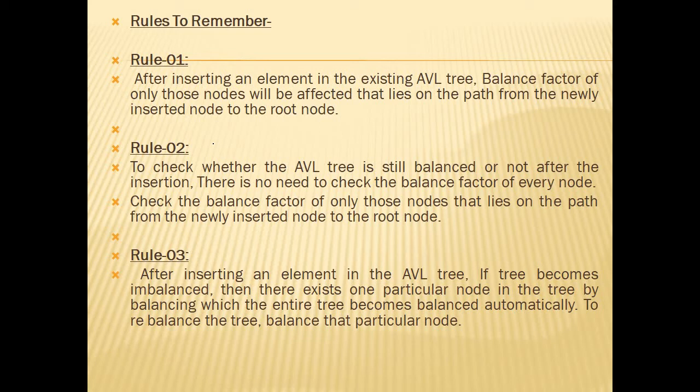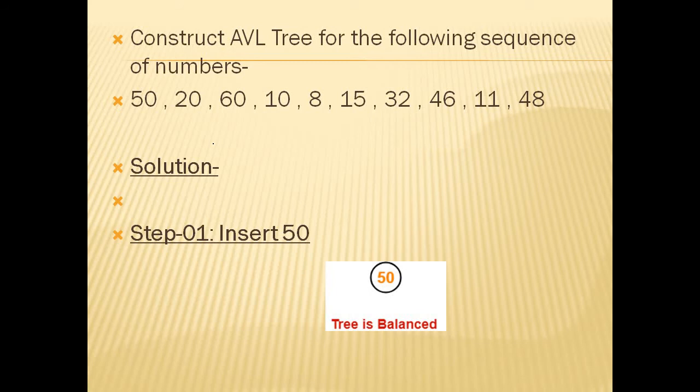Check only those nodes that lie on the path from the newly inserted node to the root node. After inserting an element, if the tree becomes imbalanced, then there exists one particular node in the tree by balancing which the entire tree becomes balanced automatically. To rebalance the tree, balance that particular node. What I said is on the slide here itself. So we go with an example.